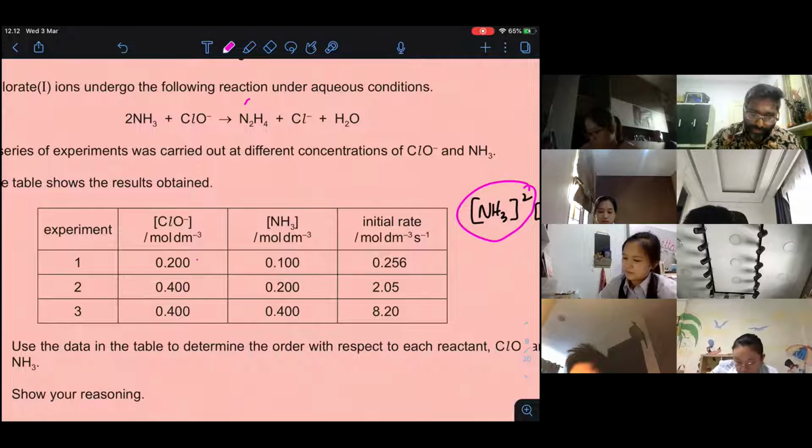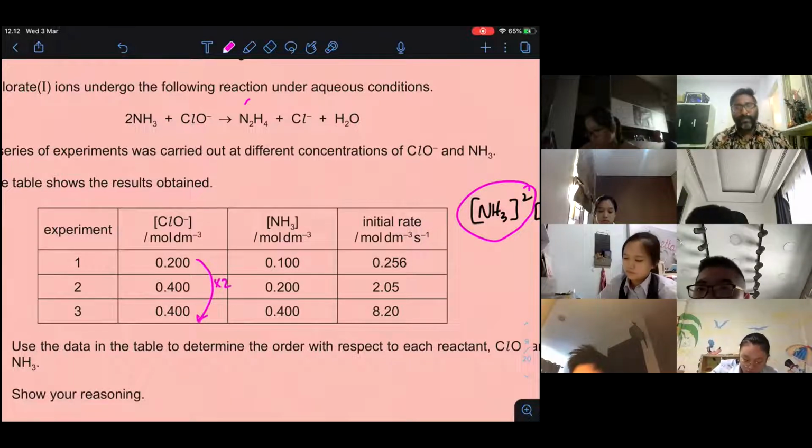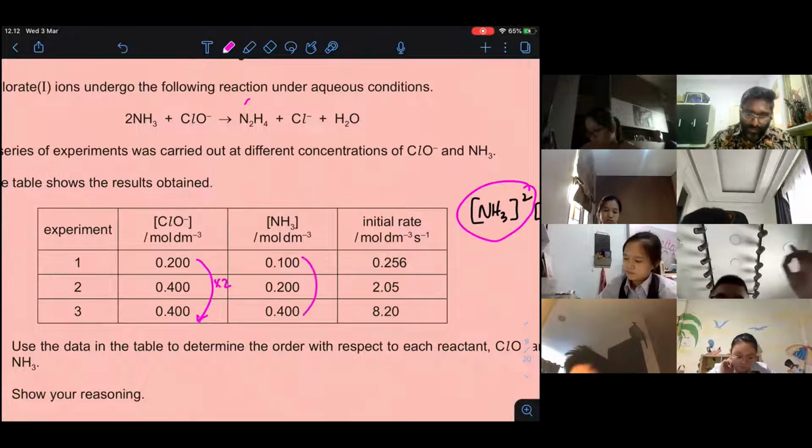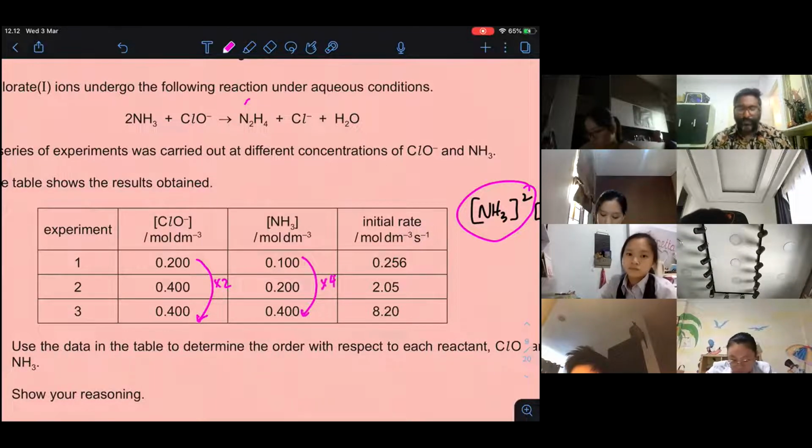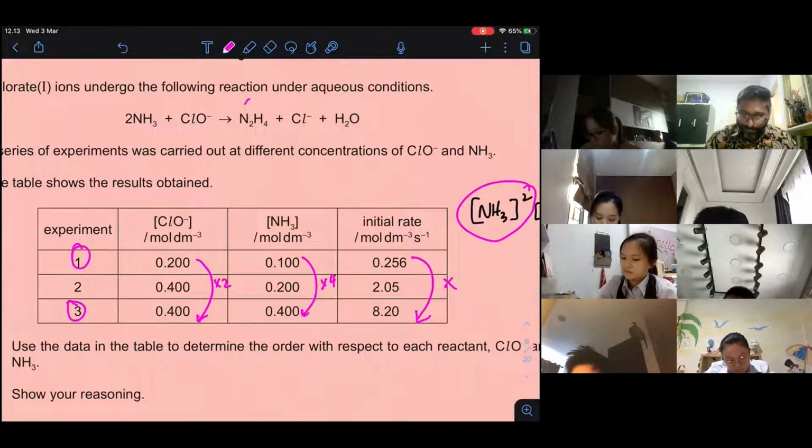We know that from here to here is going to be times 2, and here to here is going to be times 4. Experiments 1 and 3, I'm talking about 1 and 3. So from here to here is going to be times what? I need to find out. So 8.2 divided by 0.256, I'm going to get 32.